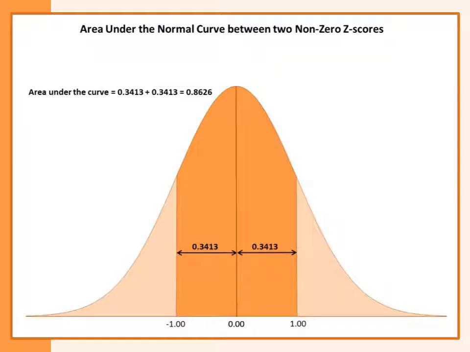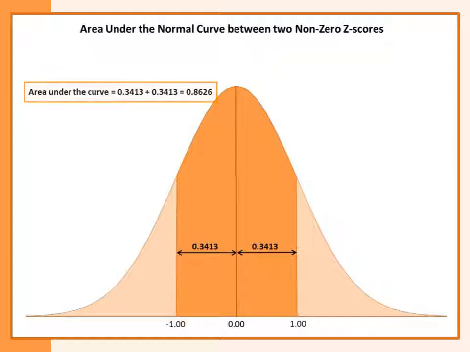Placing both z-score values onto our normal curve, we see that 0.3413 area under the curve falls between 0 and minus 1 z-score, and 0.3413 area under the curve falls between 0 and plus 1 z-score.